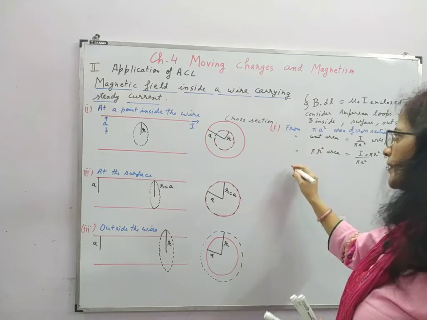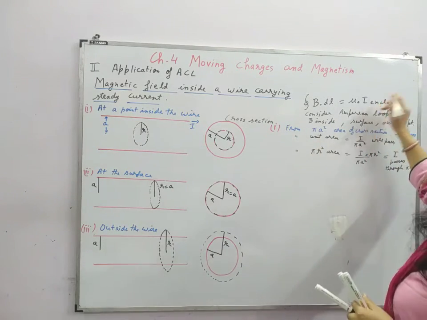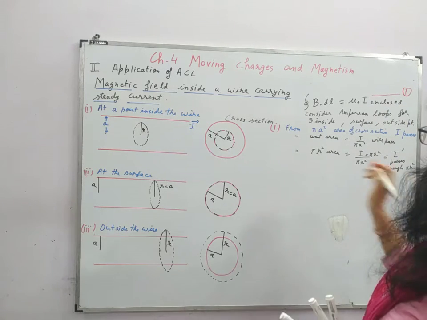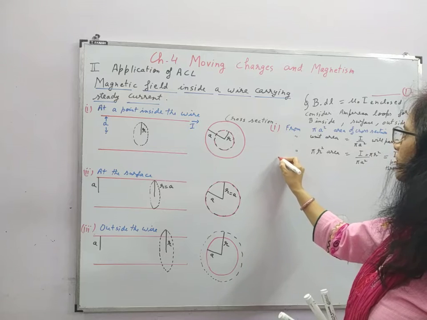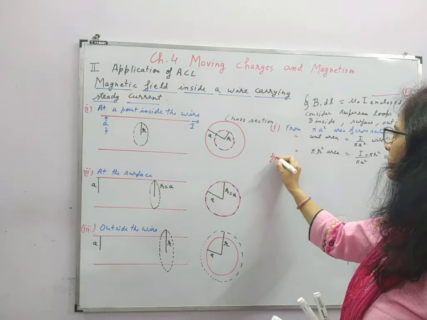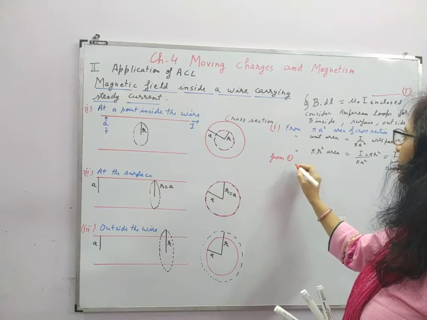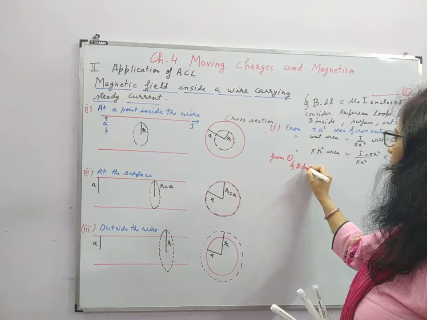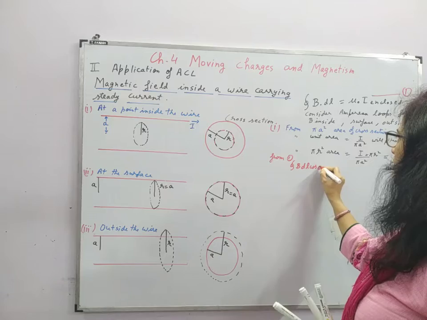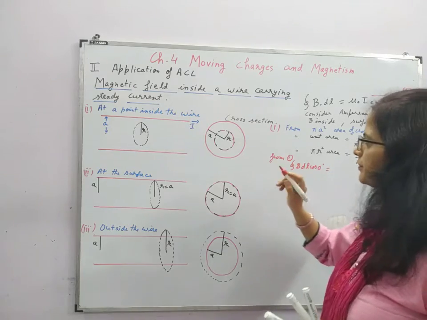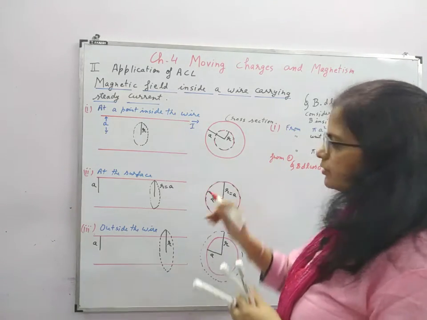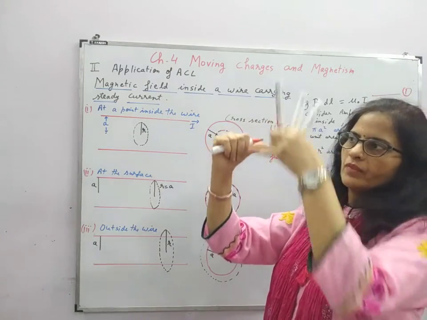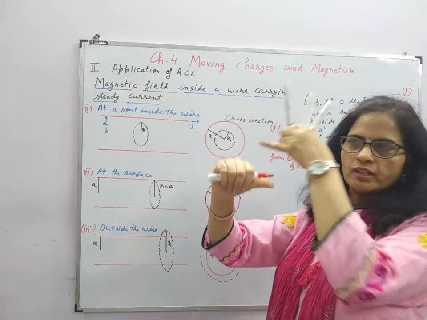Now what is Ampere's circuital law? Let's use this formula. This is our first equation. So therefore from 1 we can write B dl cos 0 degree. Why so? Because in this case we have a current carrying wire, and the magnetic field is given by the fingers curling around this wire.